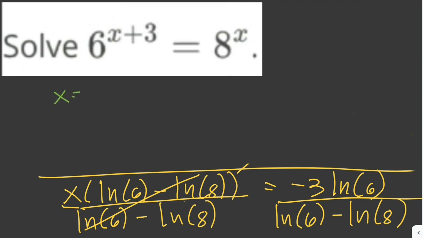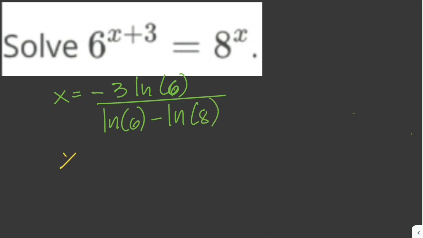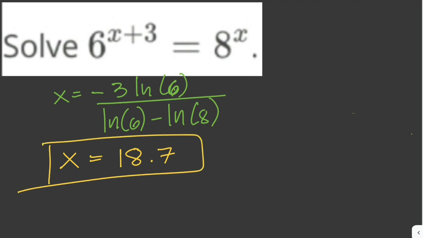So x is just equal to negative 3 ln of 6 over ln of 6 minus ln of 8. Now getting the exact value of this, we get approximately 18.7 for the value of x.